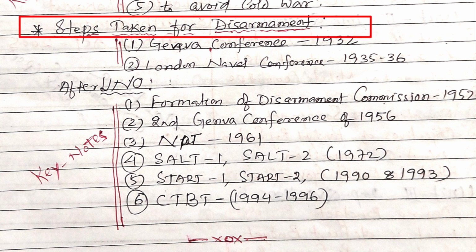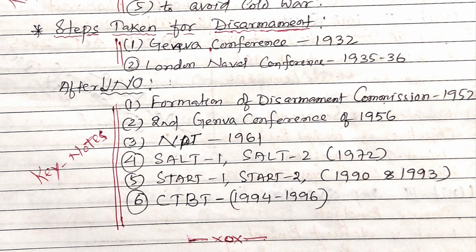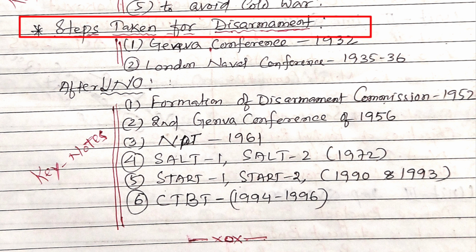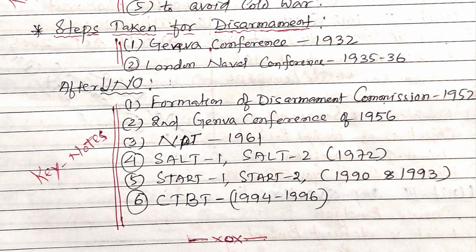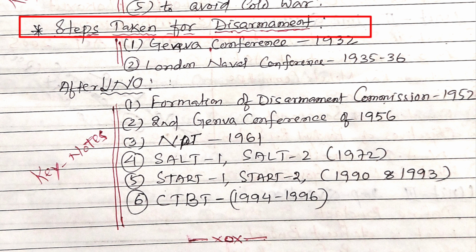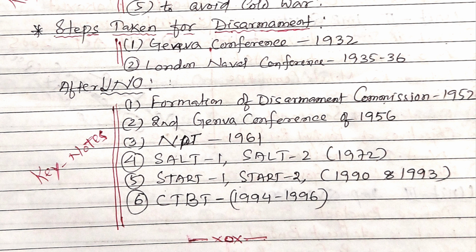Actually, the first step forward for disarmament started when the Disarmament Commission was set up. First in 1922, then in 1952 it was reformed, and then the task of disarmament continued to speed up.